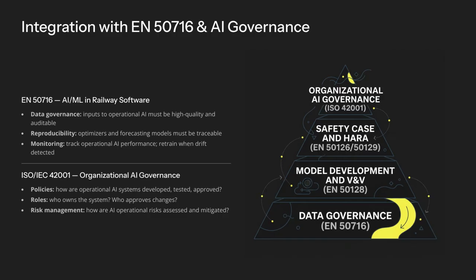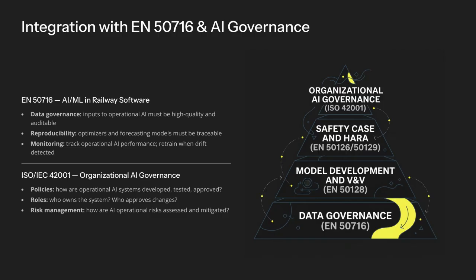For crew rostering, is the system consistently generating WTR compliant rosters, not in testing, in live operation, day after day? These aren't one time validation questions, they're ongoing performance questions. And if the answers start to drift, that's a signal that something needs attention.